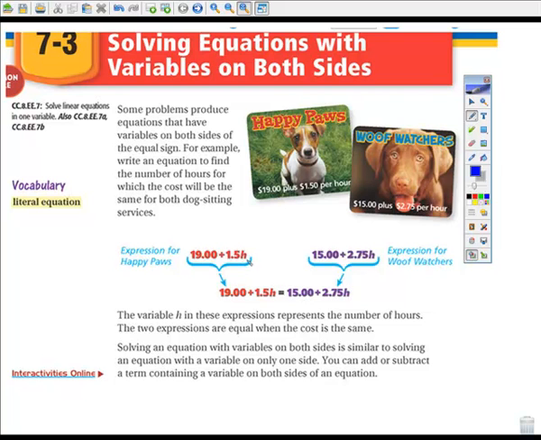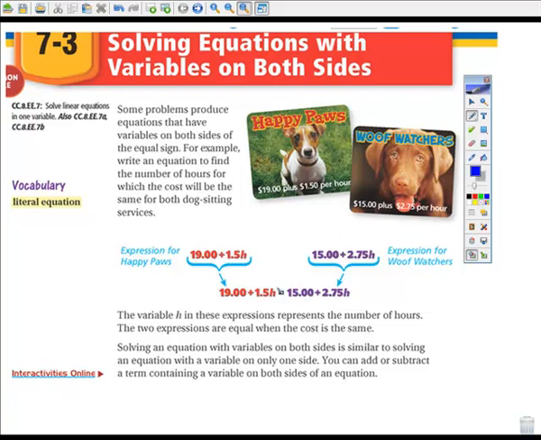So 1.5H. And then Woof Watchers, looks like my dog right there, their flat fee is $15, so a little bit less, but they charge $2.75 per hour. So they charge more per hour, but their initial fee is less. So 15 plus 2.75H. And H in both cases stands for hours.